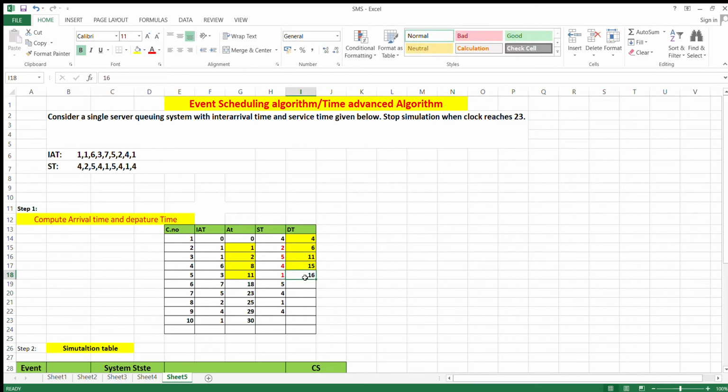Departure was 16, arrival was 18. Maximum was 18. 18 plus 5, 23. So departure is 23, arrival is 23. 23 plus 4, 27. Departure was 27, next arrival was 25.